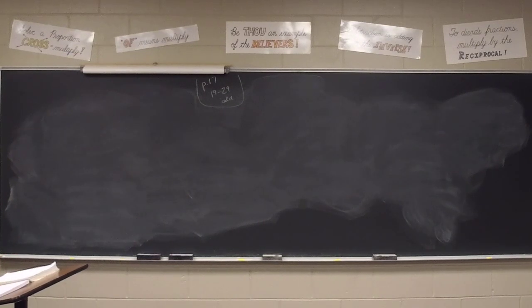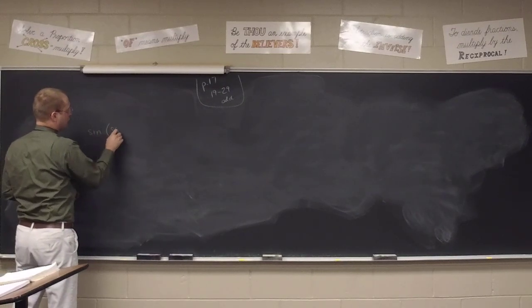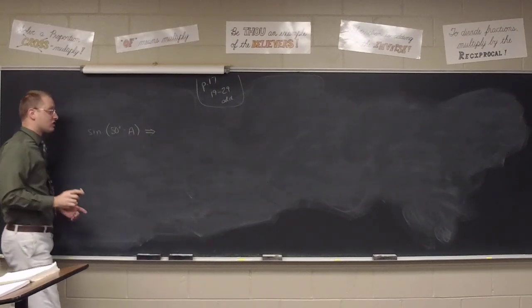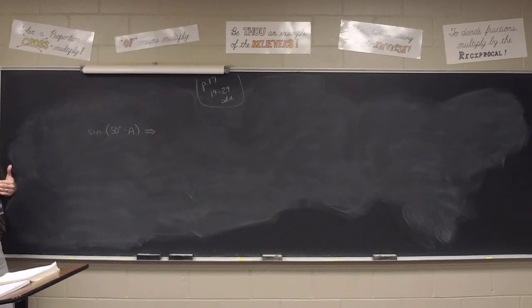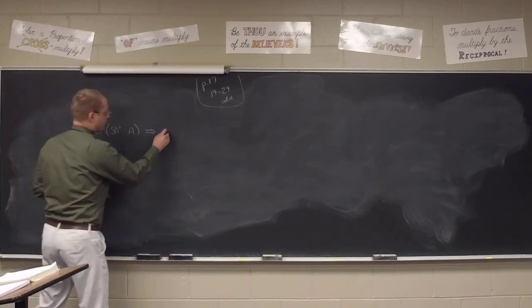Number 23, Jamie, you mentioned you were kind of stuck here. We have the sine of 50 degrees minus A, and we want to make that equal to something. First of all, rewriting it in terms of the cofunction, I'm going to change sine to cosine.